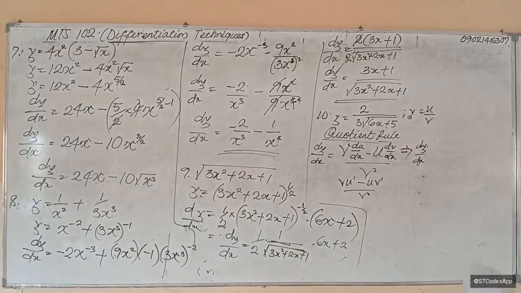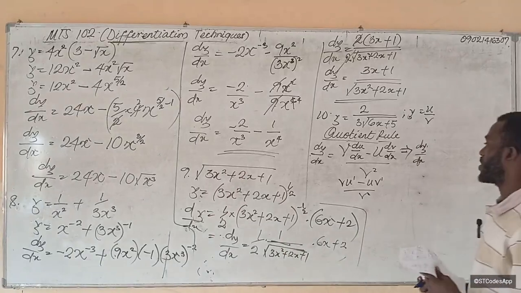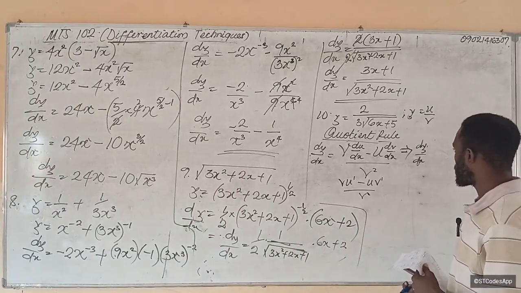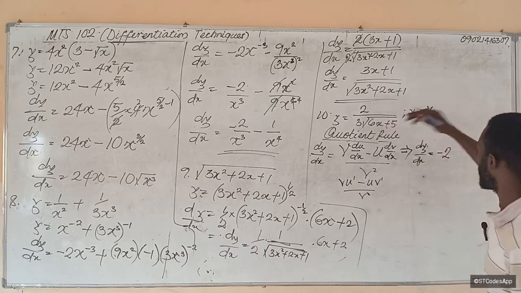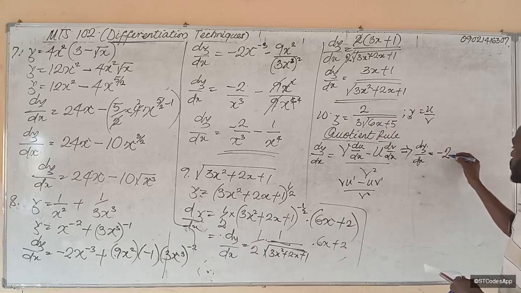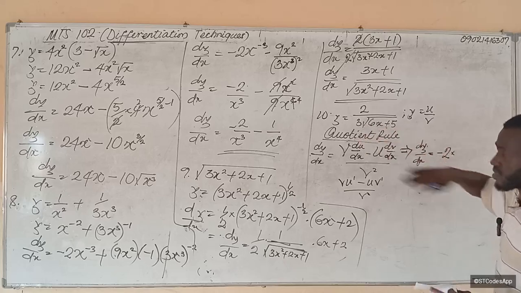Alright, so I said we'll start from minus 2, we'll hold the top, then the bottom, we'll differentiate the bottom. So multiplied by derivative of this.